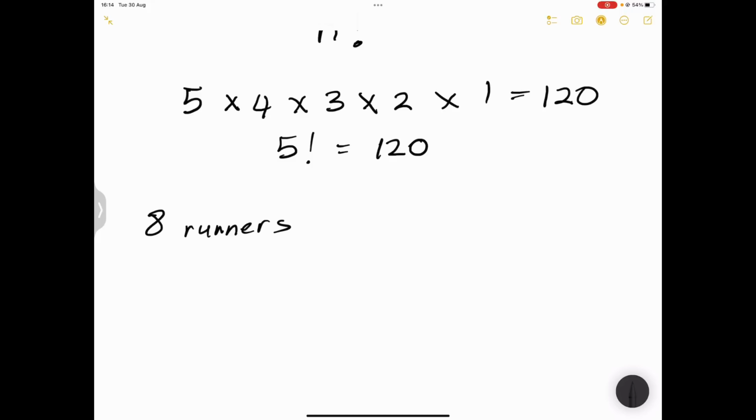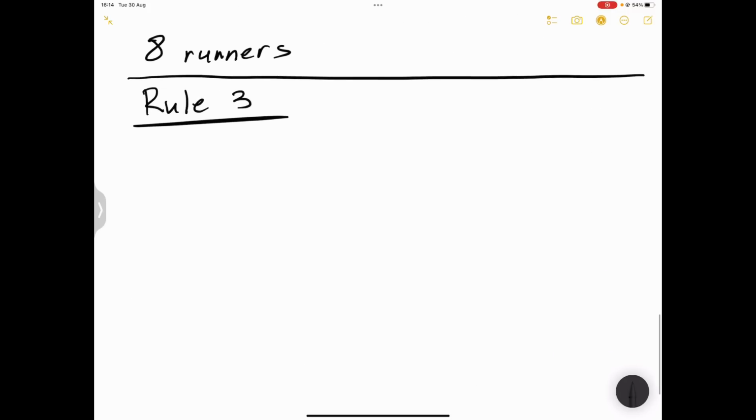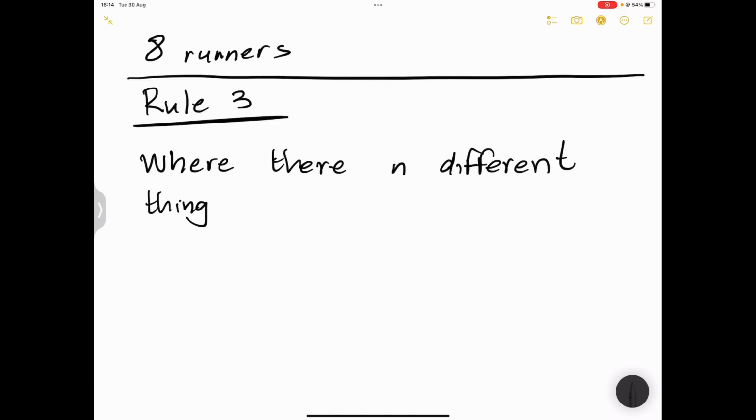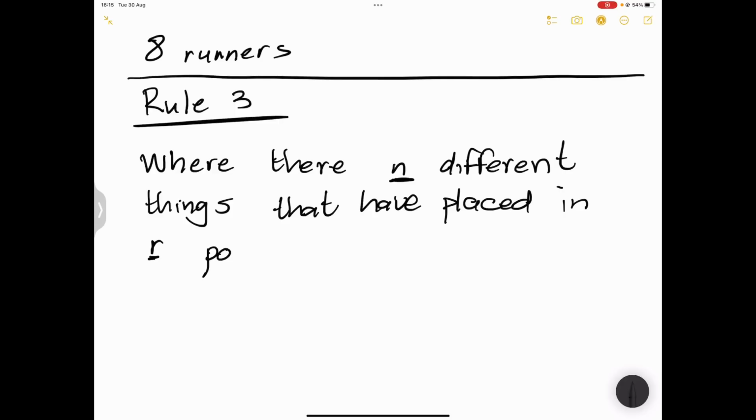Rule 3 simply says where we've got n different things that have to be placed in r positions, notice now the difference: we've got a different number of things and different positions.